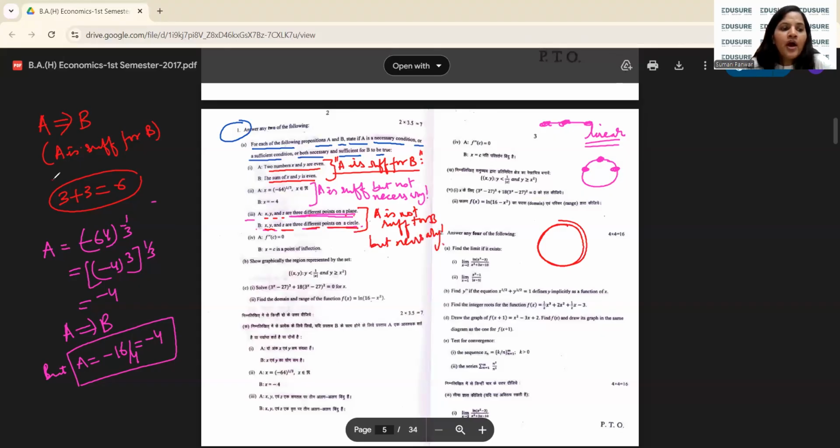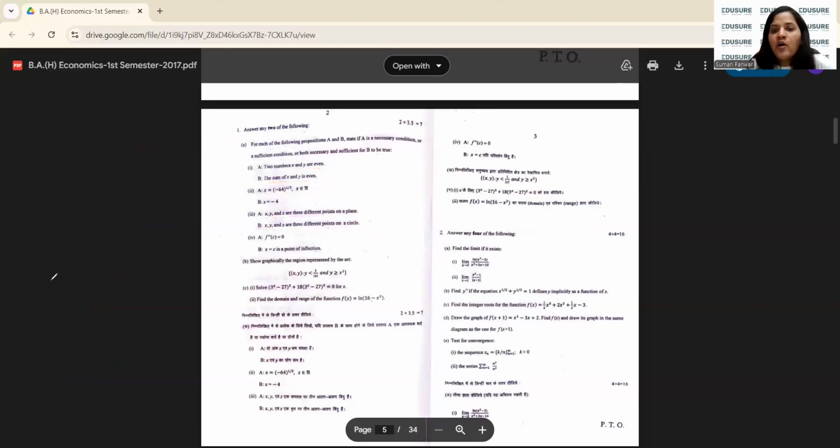All right. Now, let us look at the fourth option. Now, what is A? Now, A says the second derivative of f at C is equal to 0. And B says x equals to C is a point of inflection. Now, if the second derivative is equal to 0, it is not necessary that x equals to C is a point of inflection.